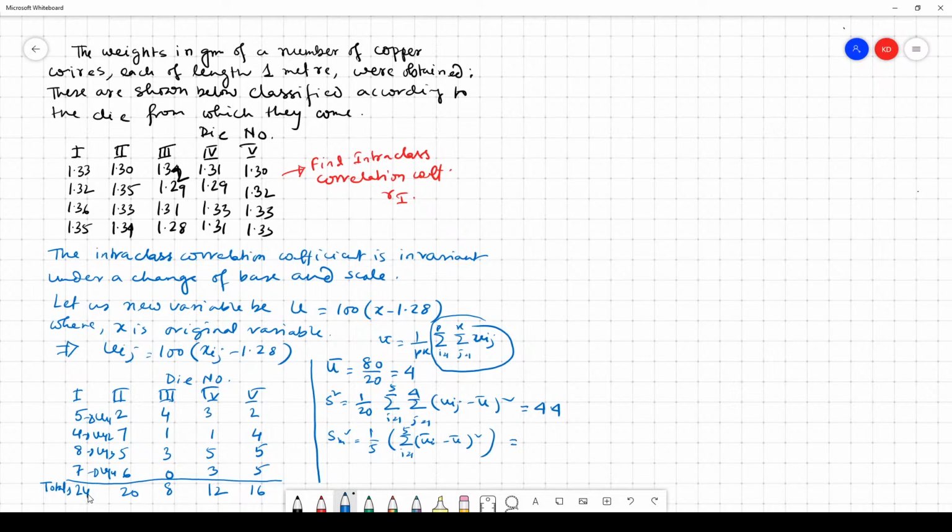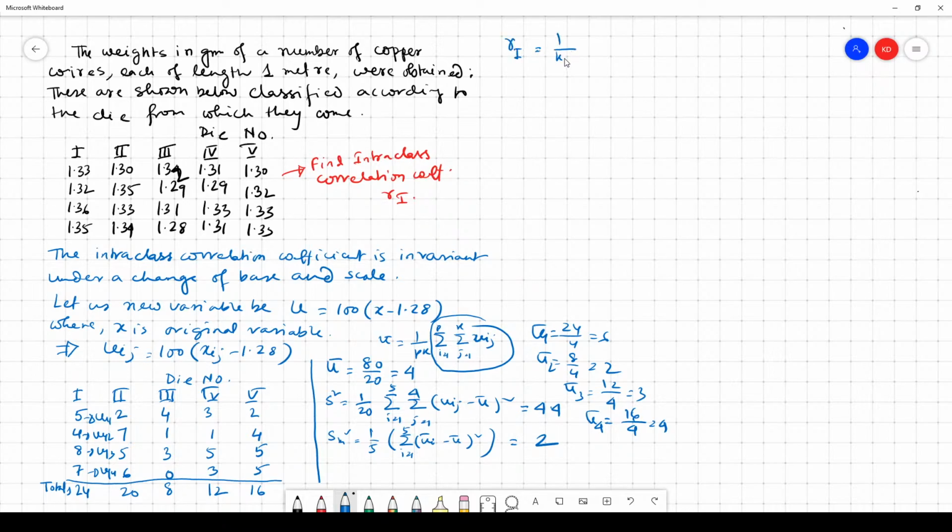So u1 bar is 24 by 4, that means 6, u2 bar is 8 by 4, that is 2, u3 bar is 12 by 4, this is 3, u4 bar is 16 by 4, that is 4. Using these values, you get S_m square equal to 2.